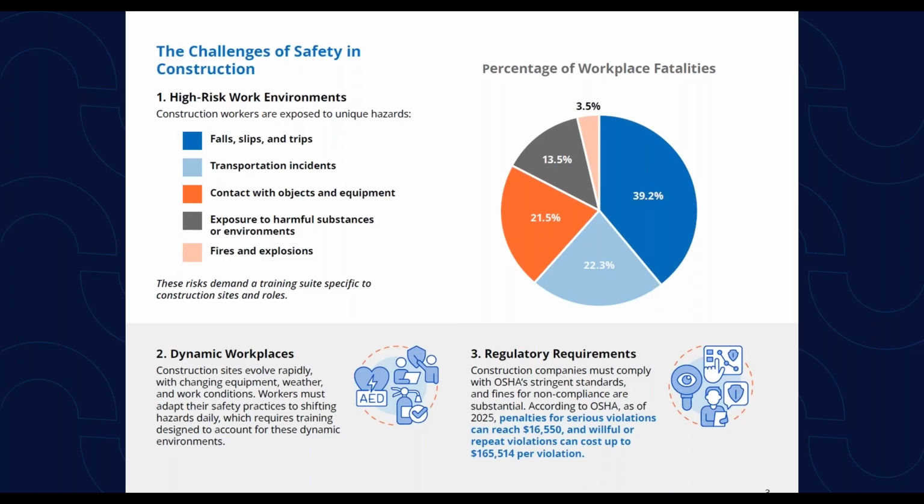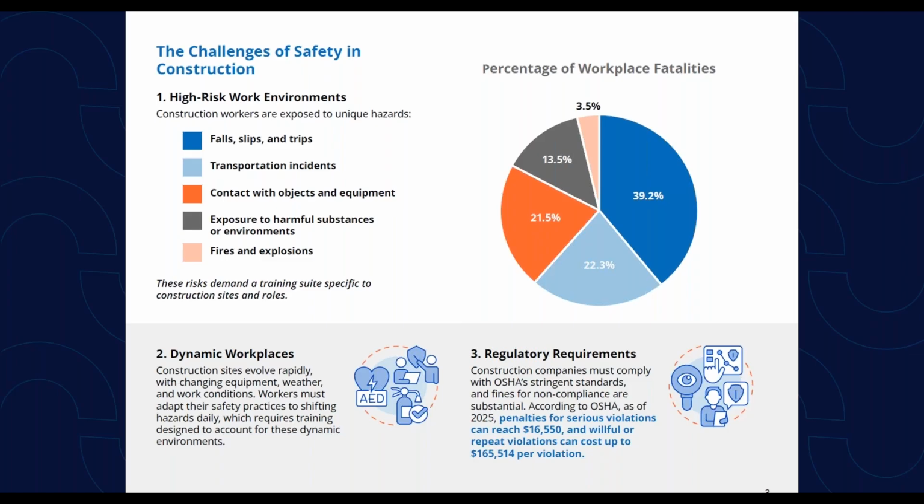Contact with objects and equipment. This includes electrical and, you could say, mechanical contact with equipment. We're getting caught between objects, struck by objects, and coming into direct contact with energized electrical equipment as well. That's that 21%.